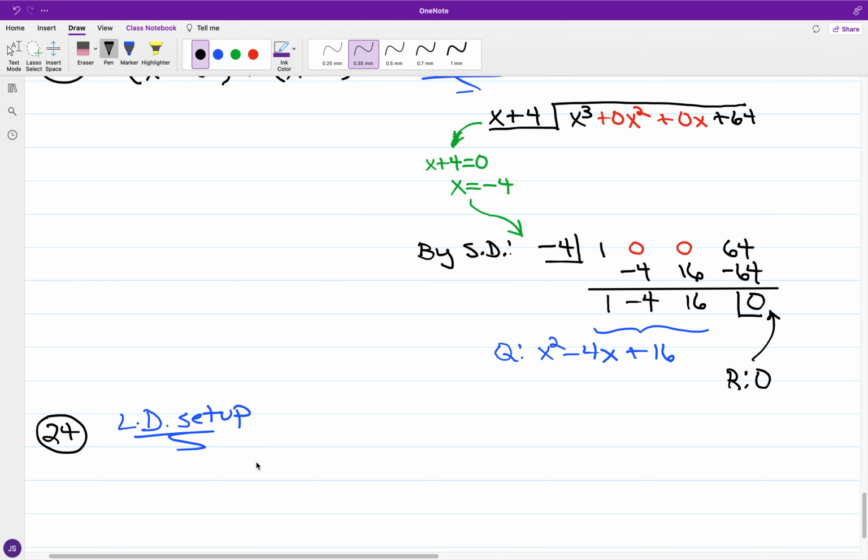So just going to mention this case, you have x minus 2, and we have x to the fourth minus 5x cubed plus 2x squared minus x plus 20.